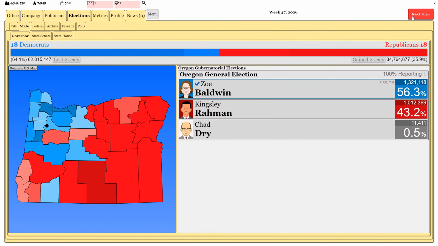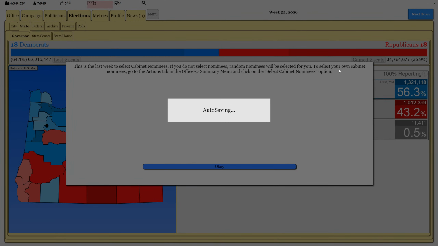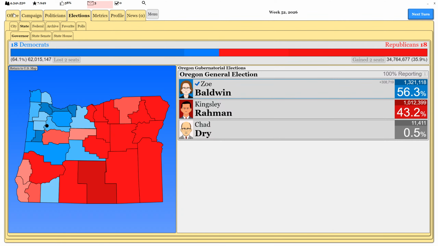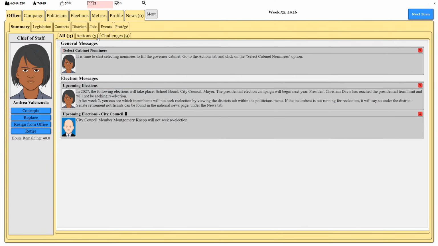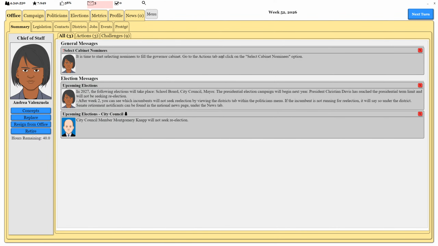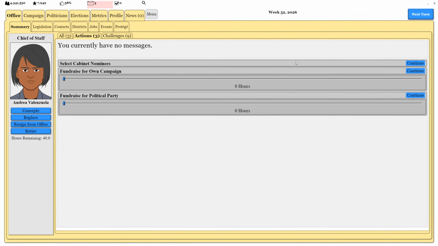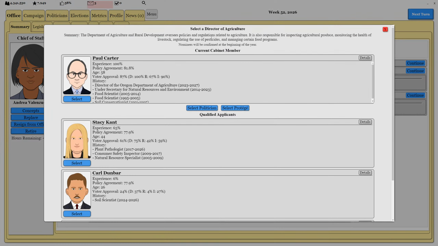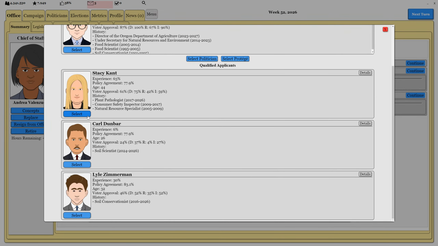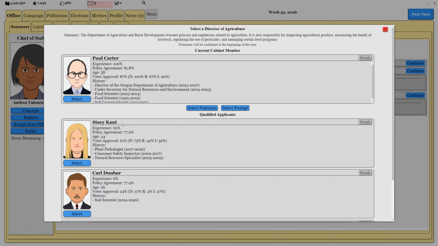Okay, we're gonna go to the coming year. Last week, the select cabinet nominees, office summary menu, office summary, actions, challenge. Start. Go to the actions tab and click on select cabinet nominees. Here it is. Yeah, because you can select it before. Director of Agriculture.